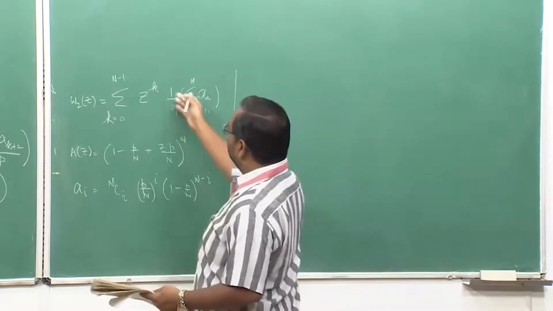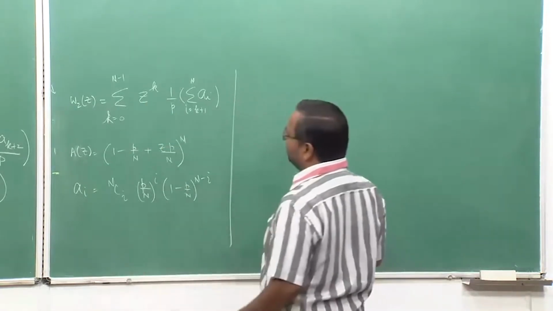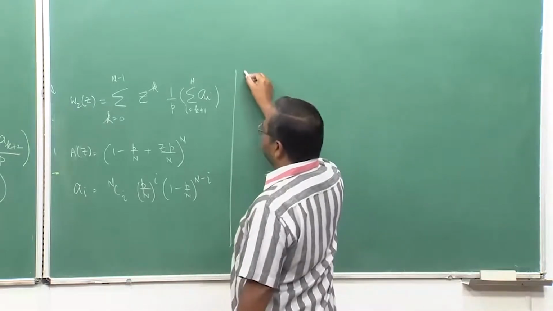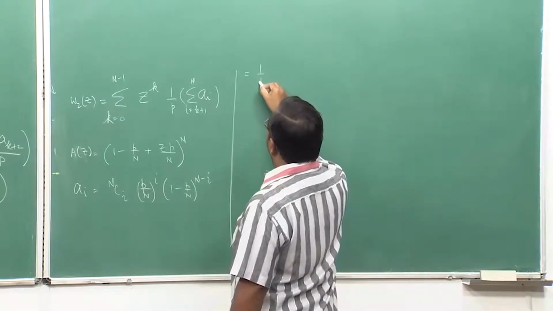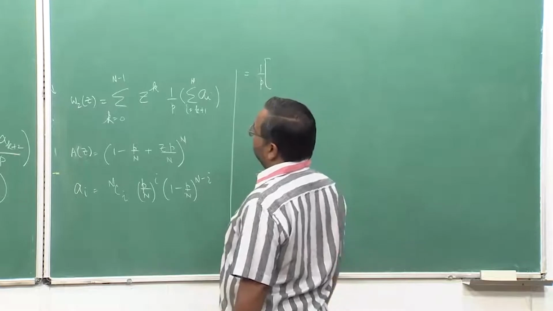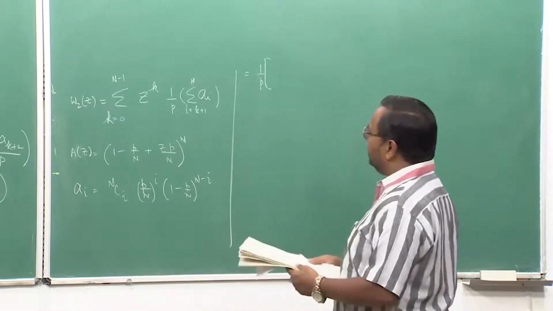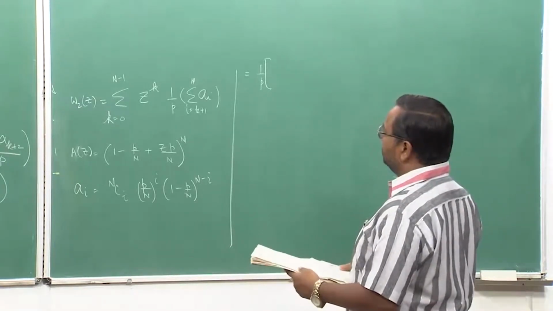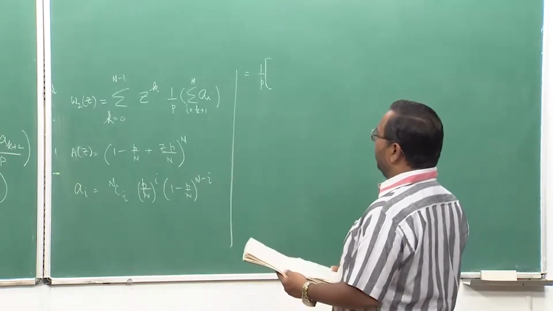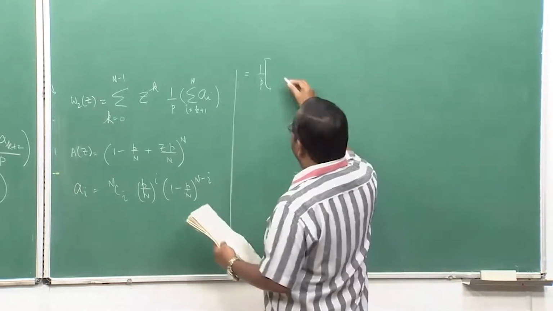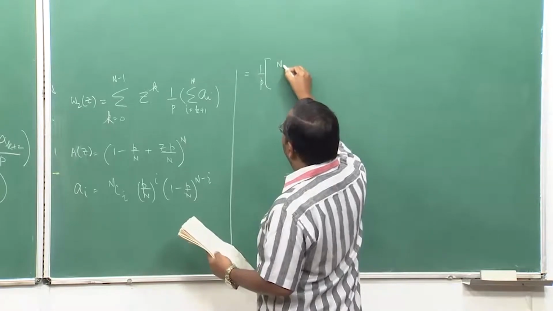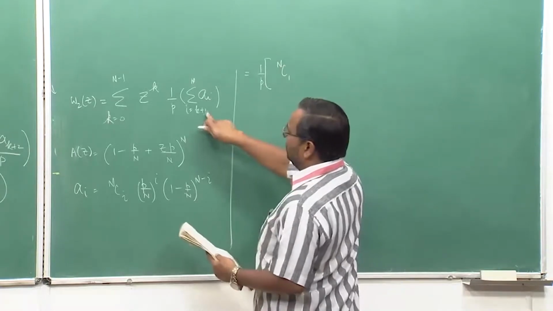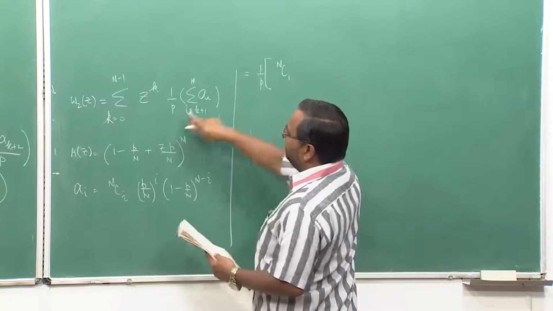So, 1 over p actually comes out. Remember, it is a double summation now. So, I will take, first of all, k equal to 0. I will have nC1, since 0 plus 1 is 1, and 1 over p has been taken out.